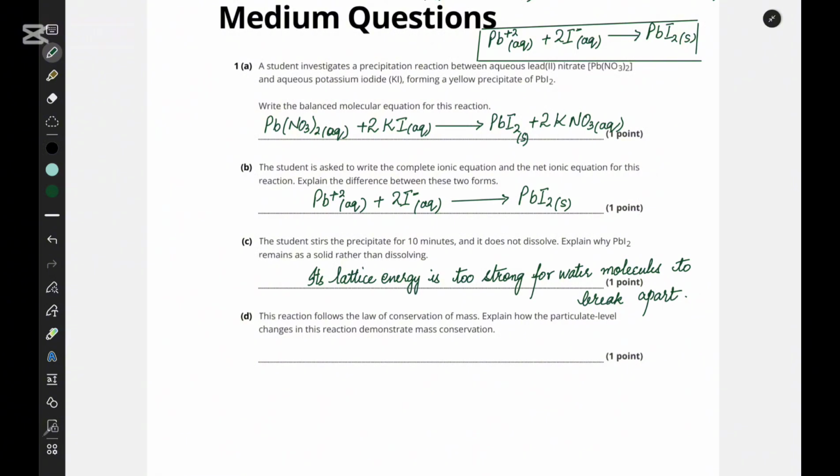So the reason could be that the same number of Pb2+, I minus, potassium ions and nitrate ions exist before and after the reaction.